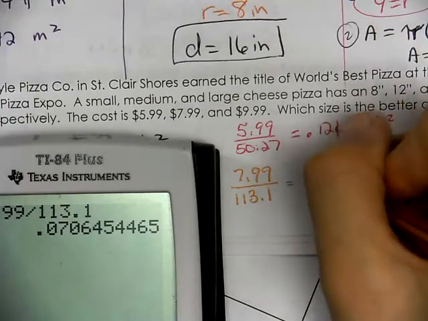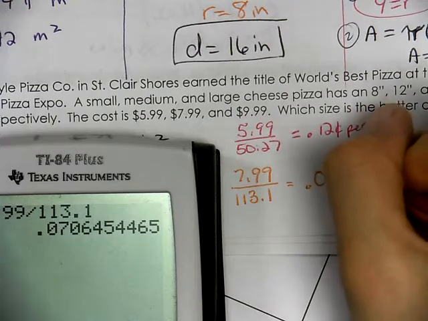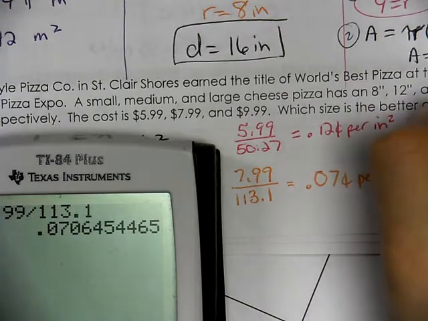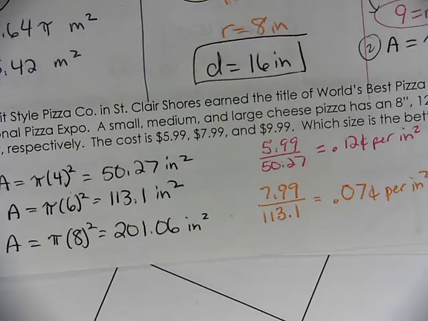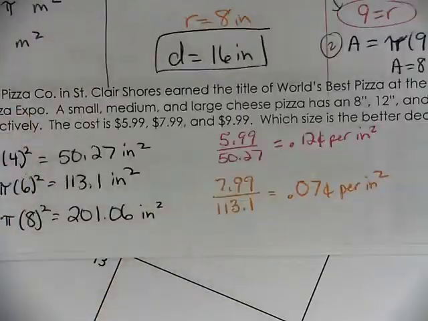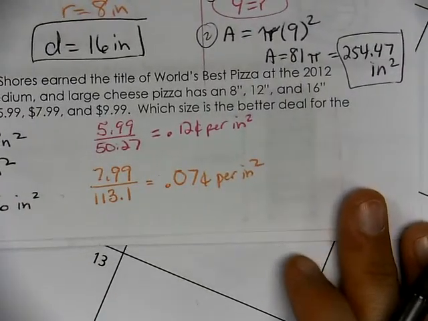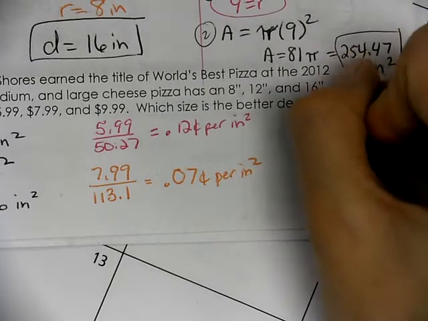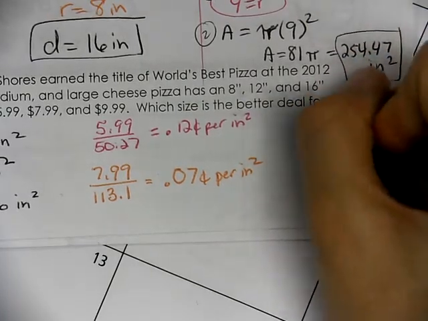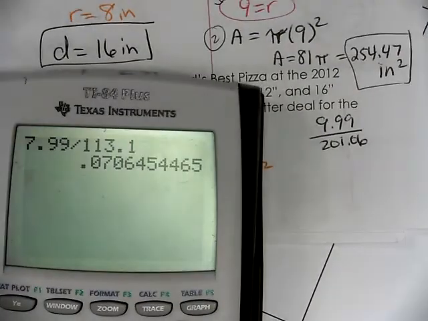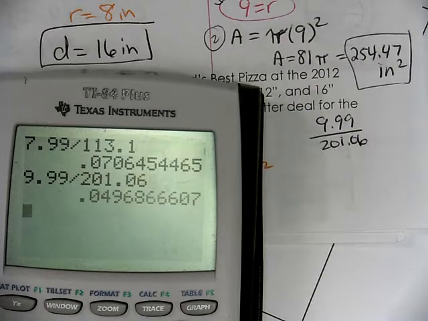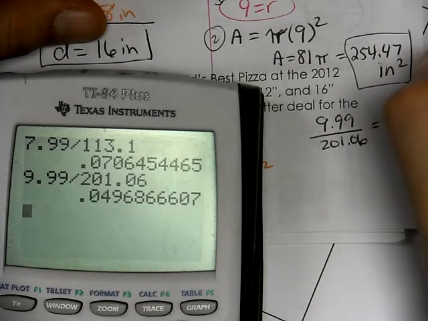You pay about 7 cents per square inch. The large, I'm going to take $9.99 divided by 201.06, and you pay about 5 cents.